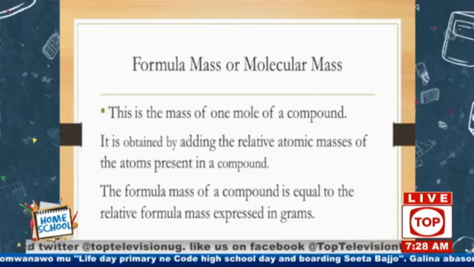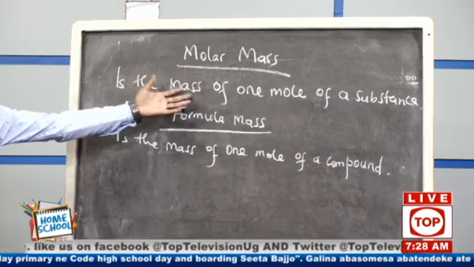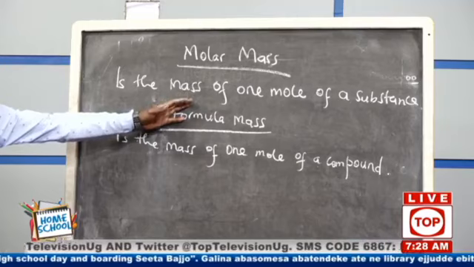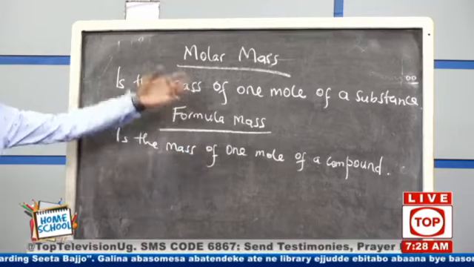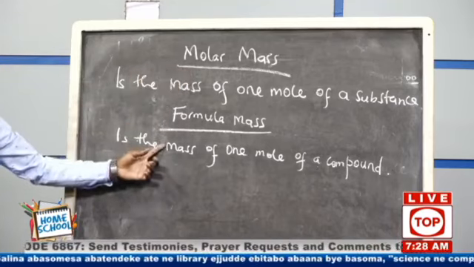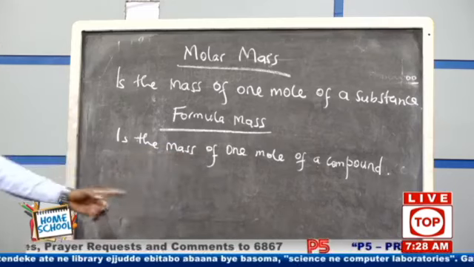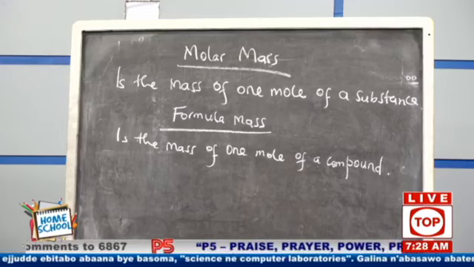Here, it is the mass of 1 mole of a compound, and a compound is a mixture of 2 or more substances chemically combined together.